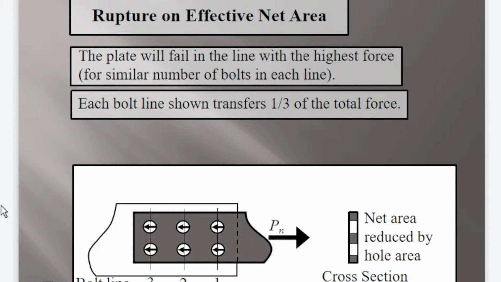What do we mean by bolt line? This is what we mean by bolt line: 1, 2, 3. There are 3 bolt lines. So, vertical, this vertical. Okay? This is what we mean by bolt lines.